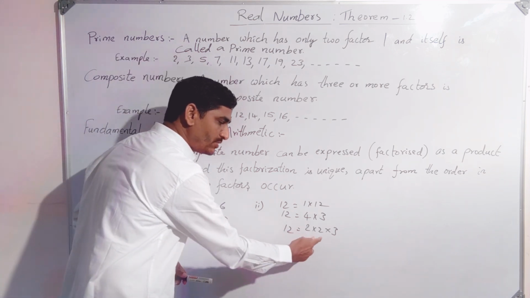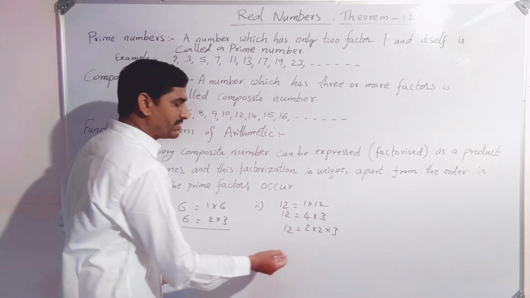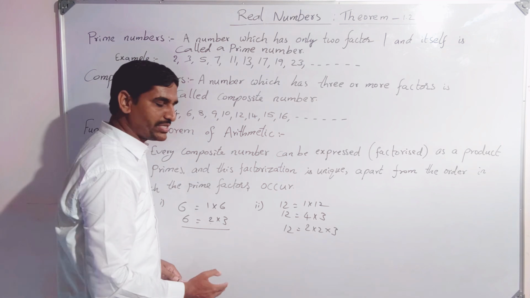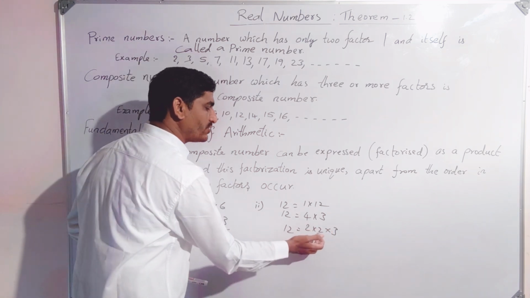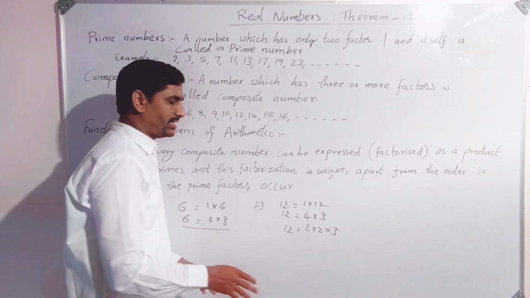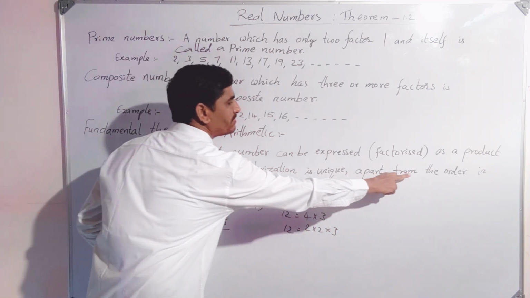Now 2 is prime, 3 is prime. This is called prime factorization. Here, this is a unique way. In the order 3 into 2 into 2 you can write, no problem here. 2 into 3 into 2. Whatever you write, it is apart from the order.